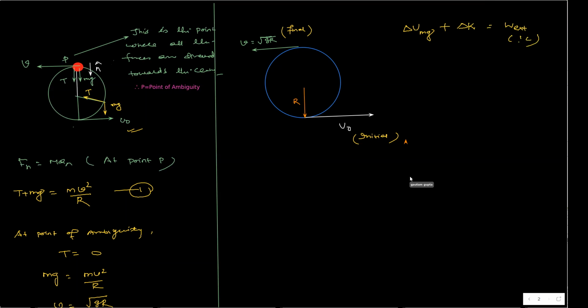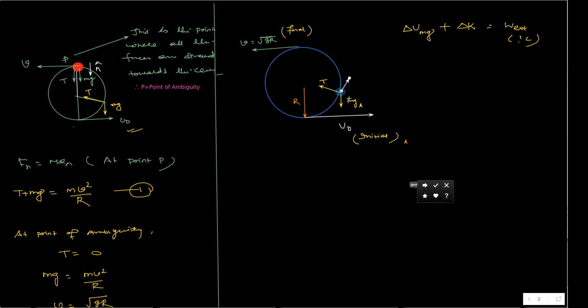So in order to find that, you will go at any point, and if you draw the FBD, then you know it is under two forces. One is mg and one is tension. But mg is a conservative force, so you don't have to consider that here. Apart from mg, there is the tension force, and you know that work done by tension is 0. Why? Because the displacement is perpendicular to tension at each small displacement.